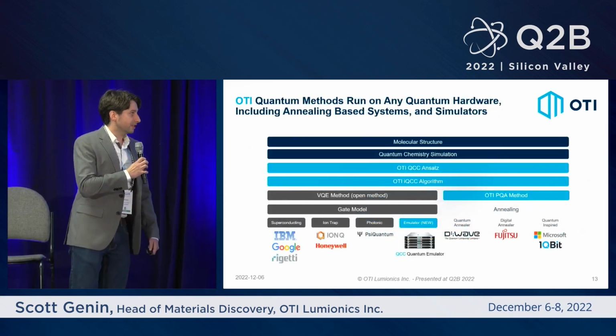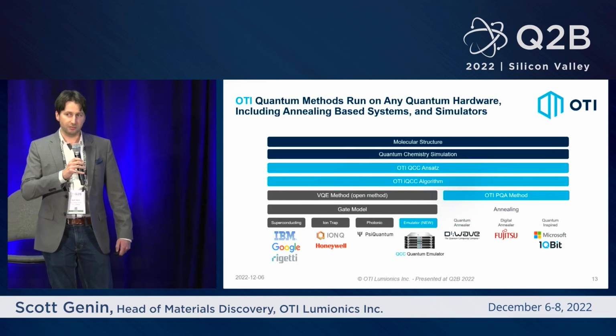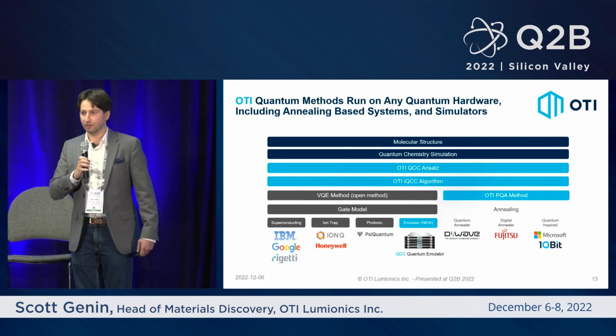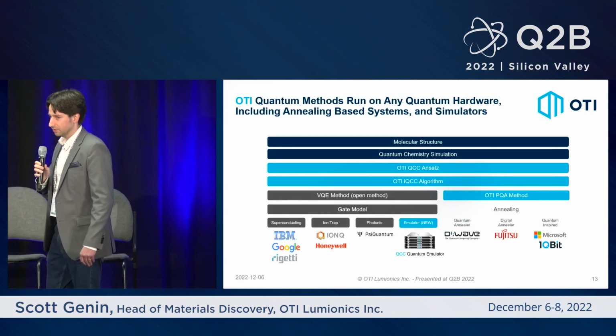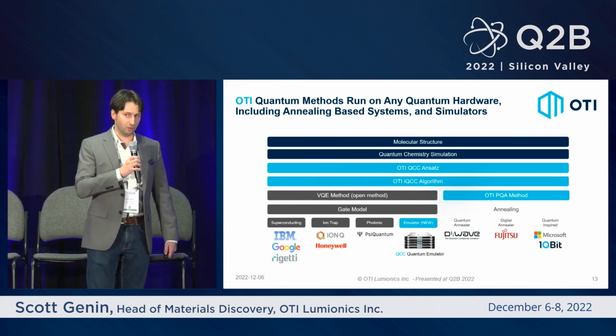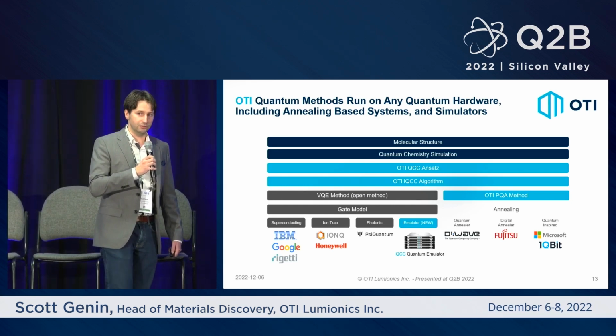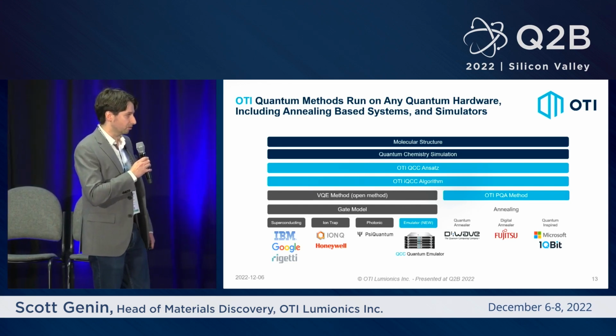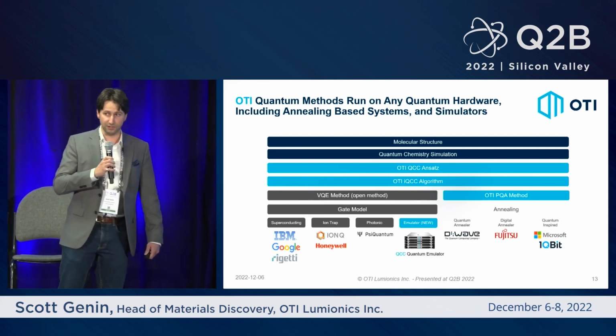But one of the interesting things is that our method is very agnostic to the hardware, whether it runs on a simulator, on universal gates, or on a particular branch called parameterized quantum annealing, which we've done a lot of simulations with Fujitsu and D-Wave on, to do something we'll talk about a little later: correction of the quantum mean field.